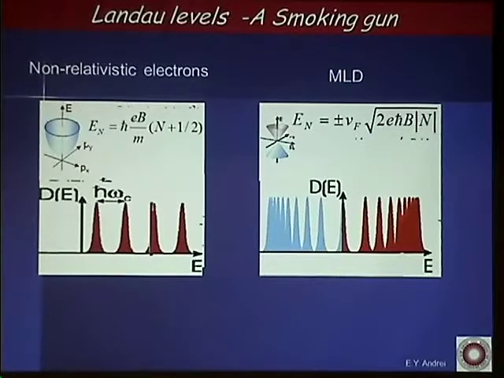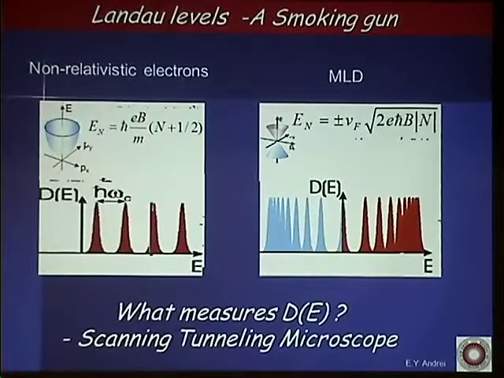So it's very easy to tell where you are. So essentially, if you have a tool that can measure the density of states, then you can tell whether you have ultra-relativistic Dirac fermions. And one way to do this is to look at it with a scanning tunneling microscope.